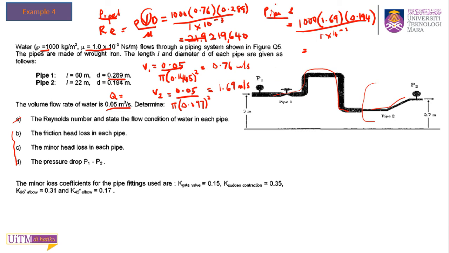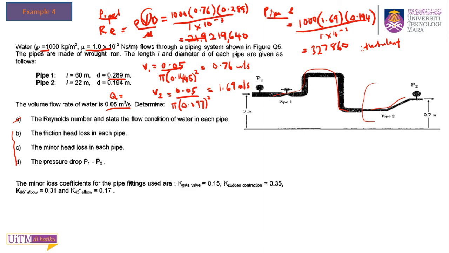So you will get 327,860. This is again much higher than 4,000, so it will also be turbulent. Alright. So that's how you can determine whether your flow inside the pipe is laminar or turbulent, using the Reynolds number equation, rho times V times D over mu.